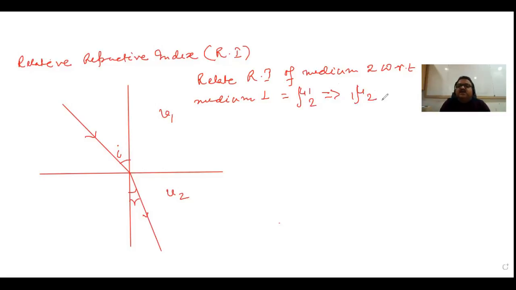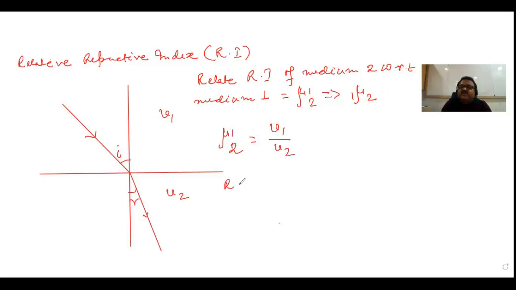Okay. Relative refractive index of medium 2 with respect to 1 is decided like this. And what is this definition? Definition is, it is the ratio of the speed of light in medium 1 to medium 2. So it is actually v1 by v2.